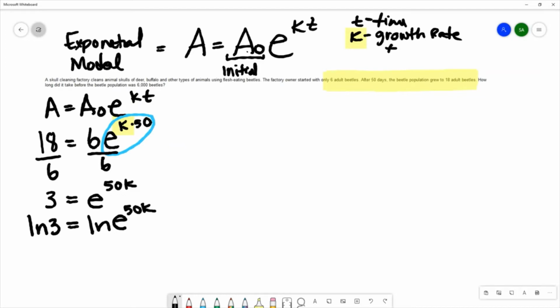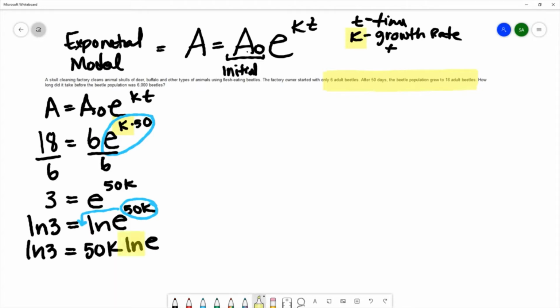On the right-hand side, I can use the power rule and move that exponent to become the coefficient. That becomes 50k, natural log of e. I can simplify this further because natural log of e is 1. So that becomes 50k times 1, which is just 50k.